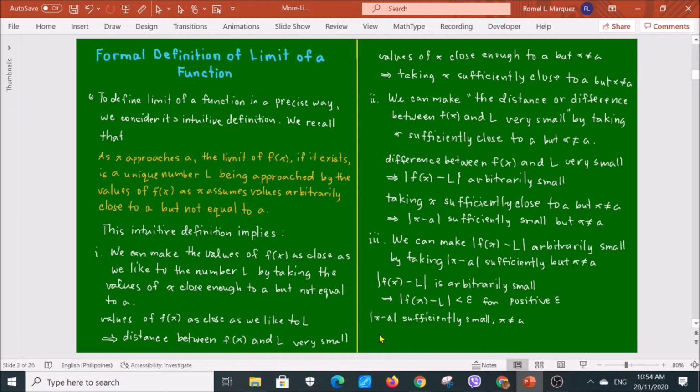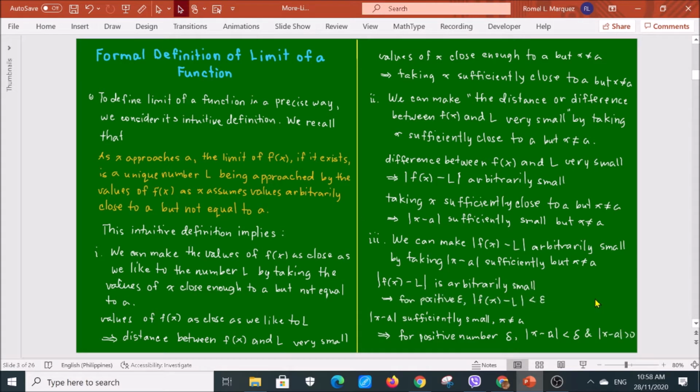What does this mean? So for a positive number, let's say delta, this absolute value of x minus a is less than such number.